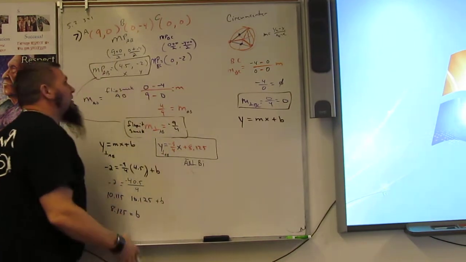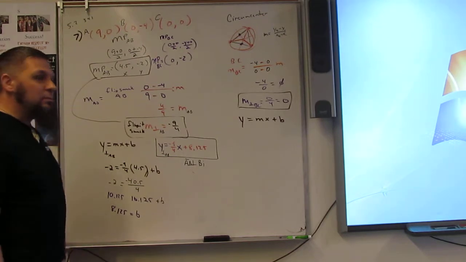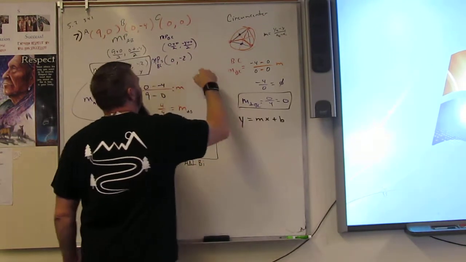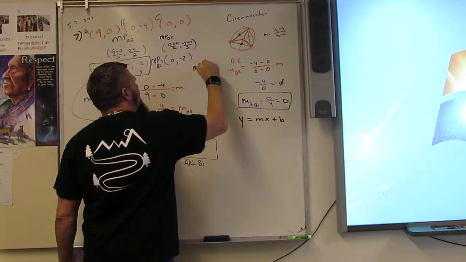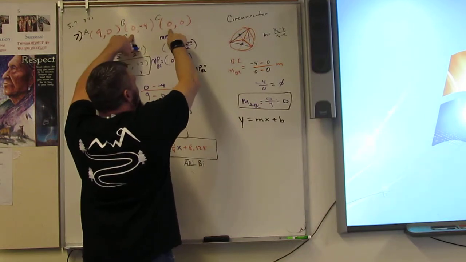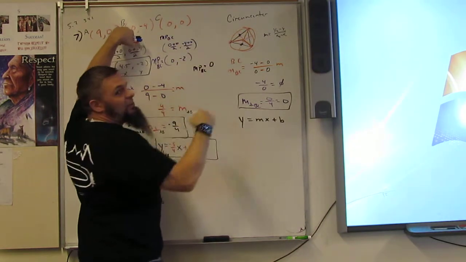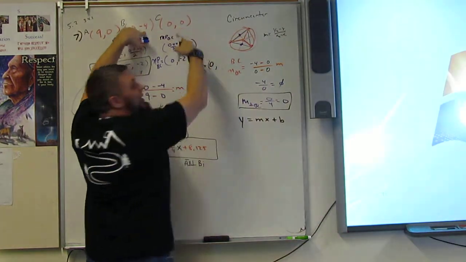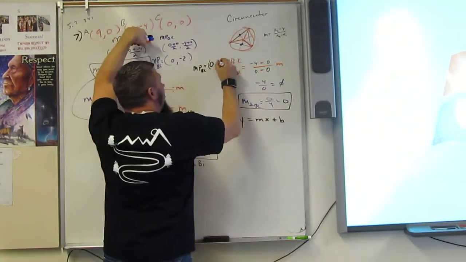Oops. Alright, so we need the midpoint of BC. The midpoint of BC, let's do that right here. Midpoint of BC is equal to, well, we add these two up, that would be 0. Divided by 2 is still 0, right? And then we add these two up, which would be negative 4, divided by 2, which would be negative 2.